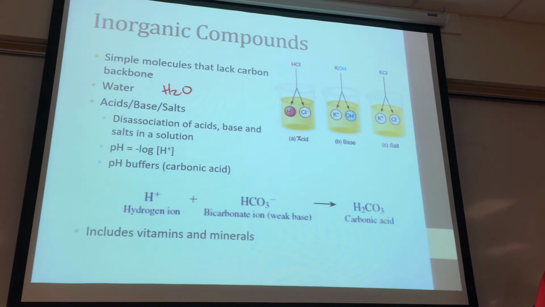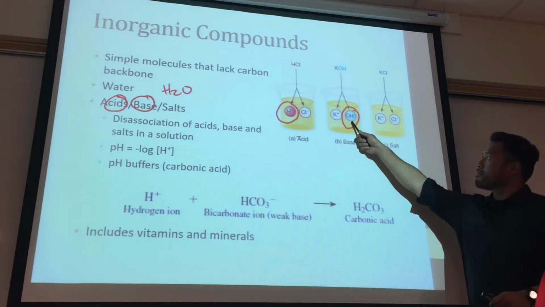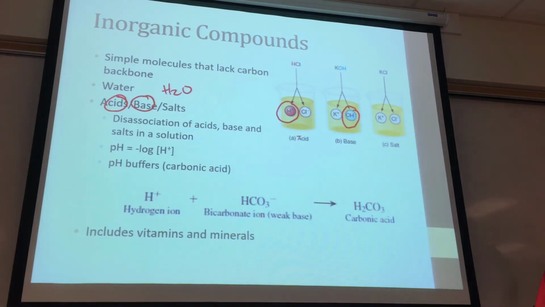We can measure acids and bases. Acids release hydrogen ions. This is an example of an acid. A base contains a hydroxide anion that has a negative charge.